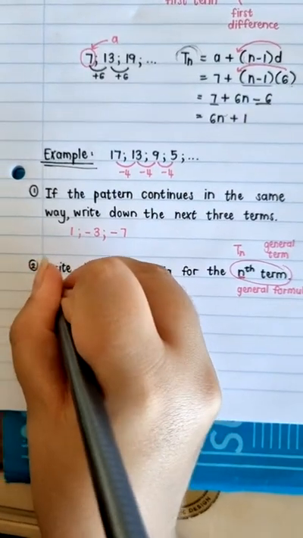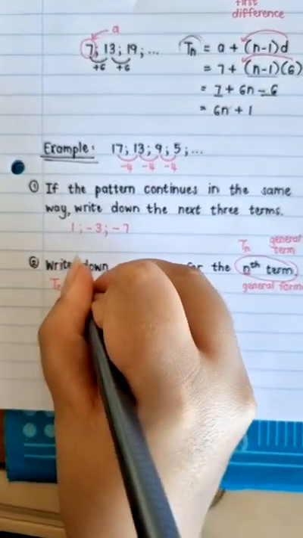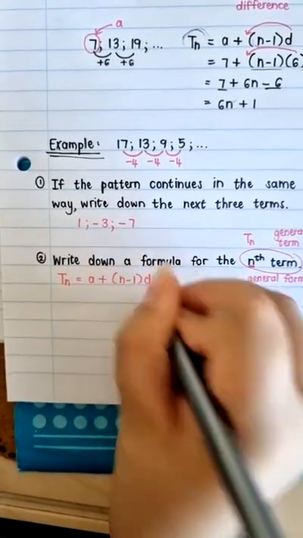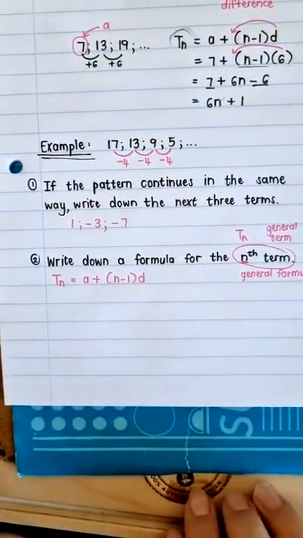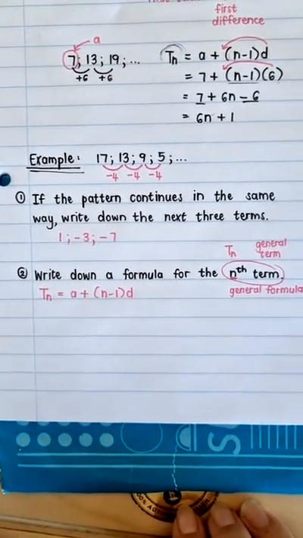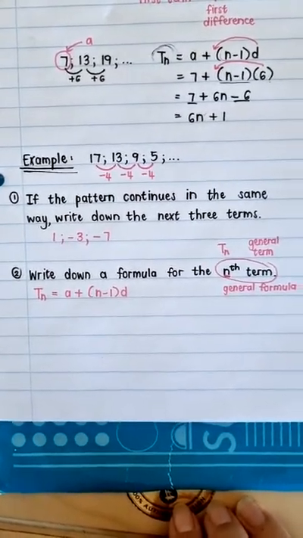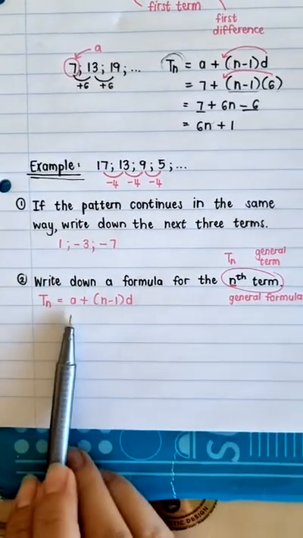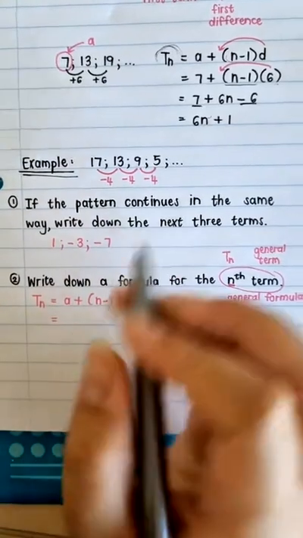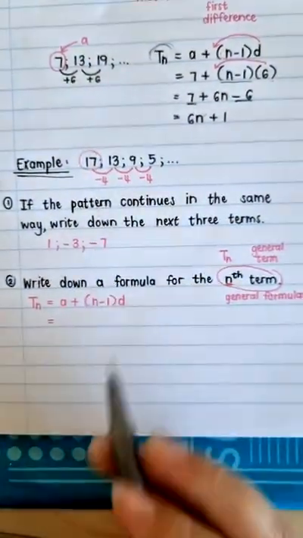What I always do is I first just write down that formula, the new one that I just showed you guys now. So a plus n minus 1 times d. All right, I see there's already an answer. We're going to see if that is the answer just now. Okay, so remember a is now your first term. So in this case, for this number pattern, the first term is 17.